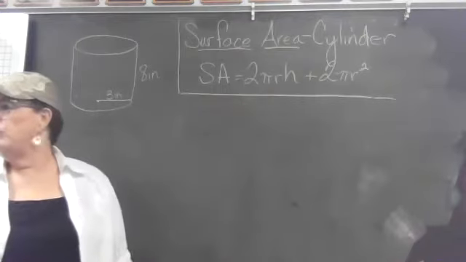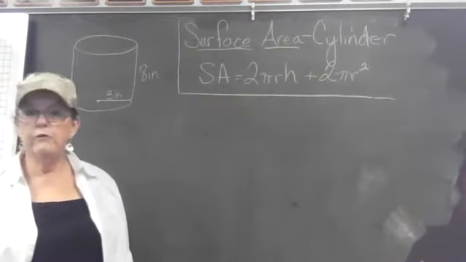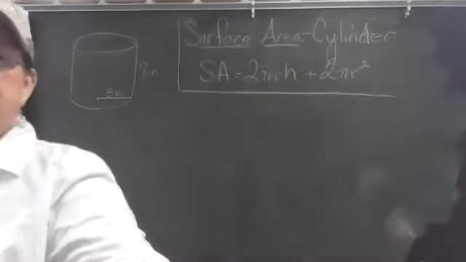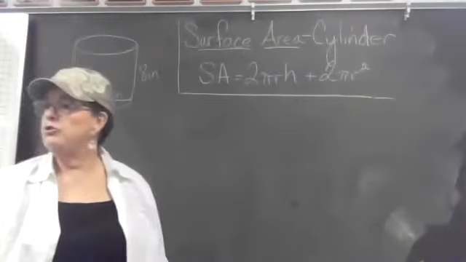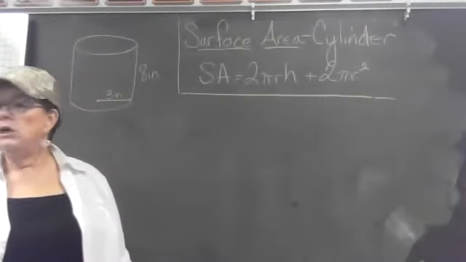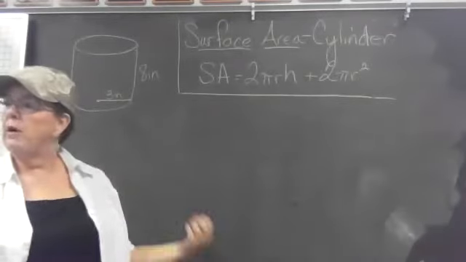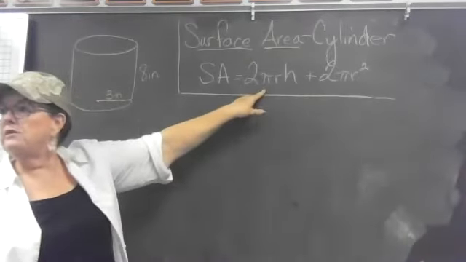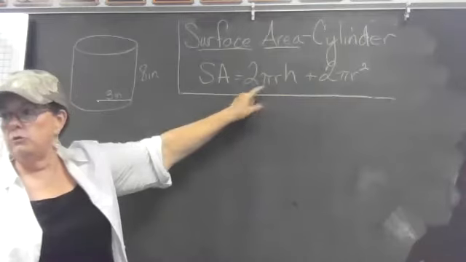Only use 3.14 or 22/7 if they tell you to do that in the instructions. If there's nothing in the instructions about what to do, then use the pi button on your calculator because that gives you the most accurate answer.